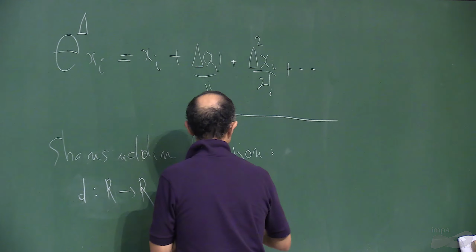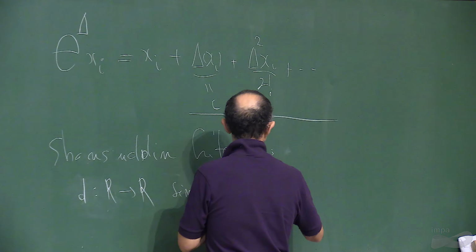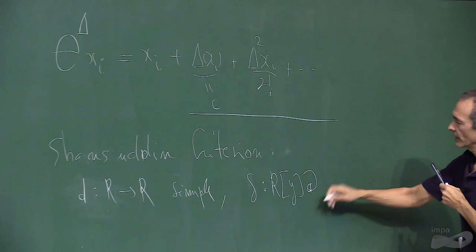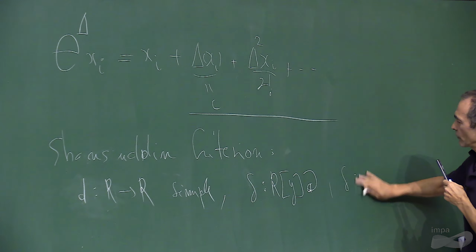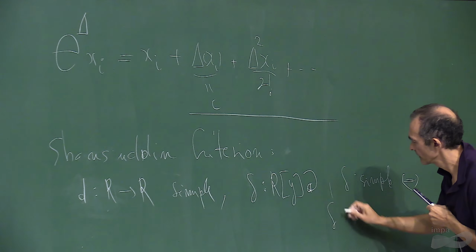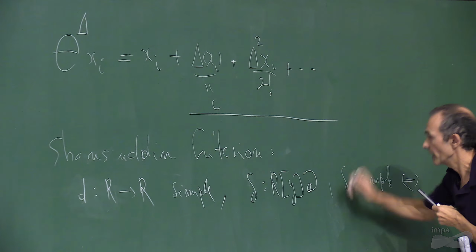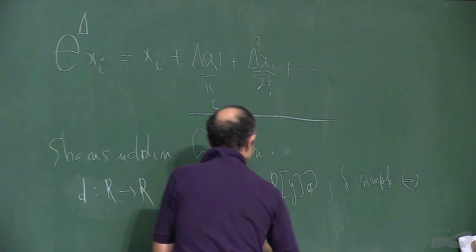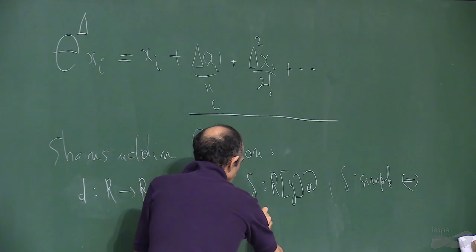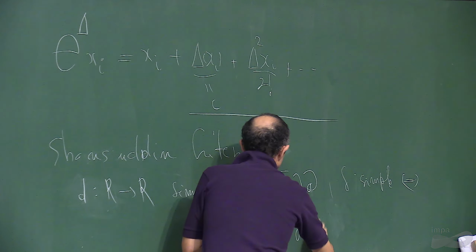Then we extend to a variable, a polynomial in one variable here, and then delta is simple if and only if... excuse me, it's not only that. Delta is an extension of D such that delta y is ay plus b.